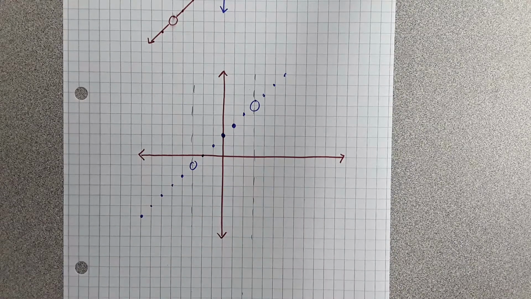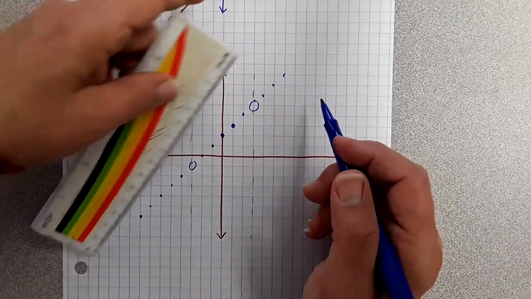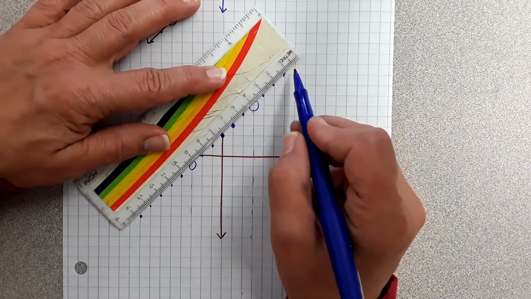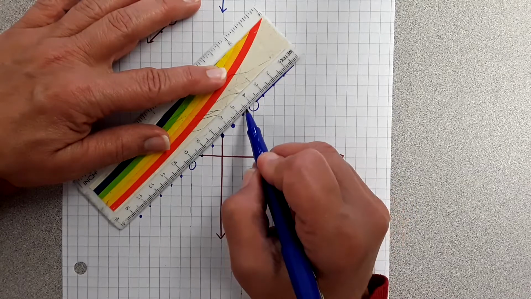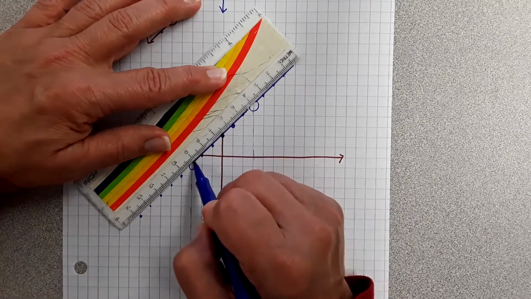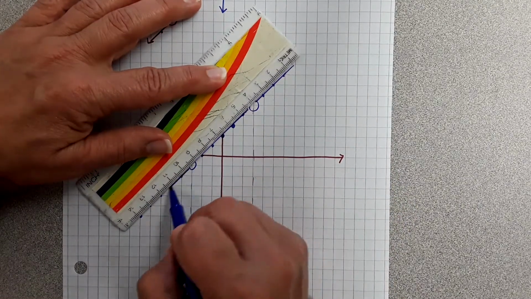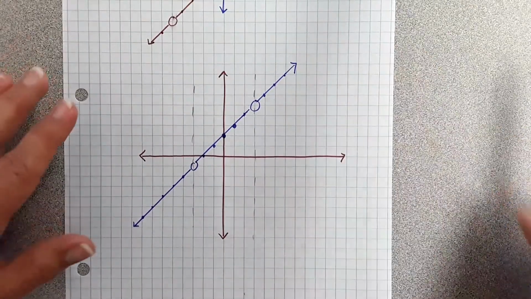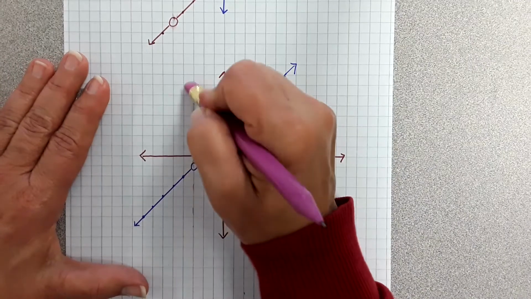Now, when I'm done graphing this line, you guys, I'm going to go in and erase my vertical asymptotes because they're really not vertical asymptotes. They've become points of discontinuity. And remember, when you go to graph your line, you do not put your line through the points of discontinuity.